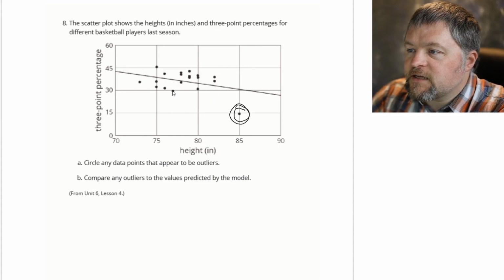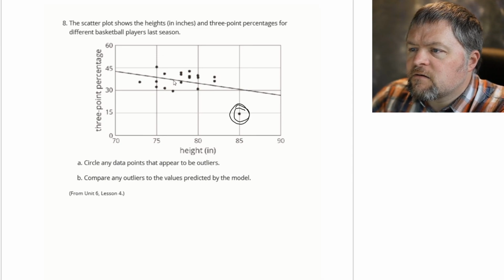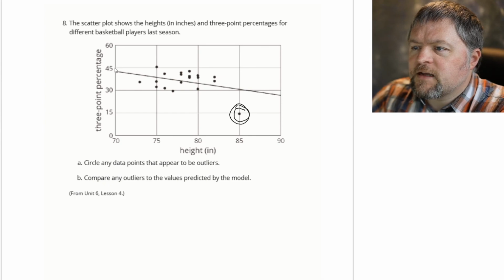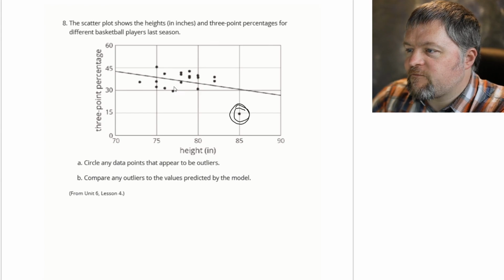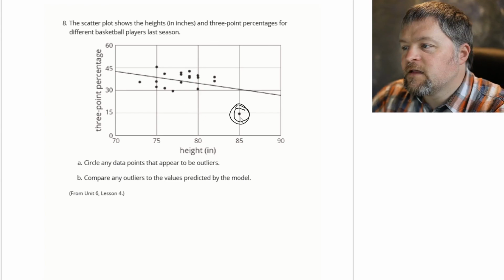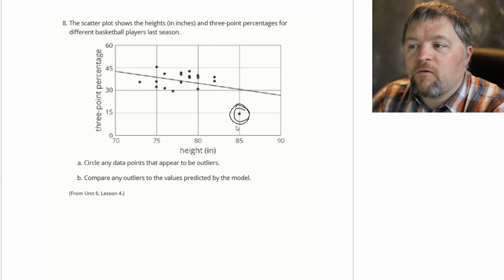The rest of these, if we look at them, this one is probably the next furthest away. And this one goes from 30 to here, which if that's 30 and that's 45, the middle of that is going to be 37.5. So this is 7.5 or 8 units away. This point is twice as far away.